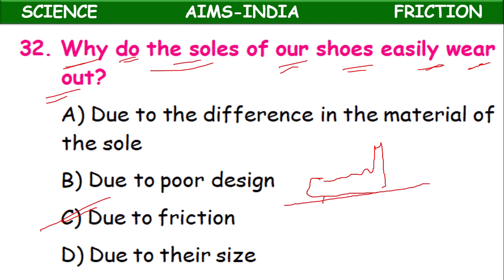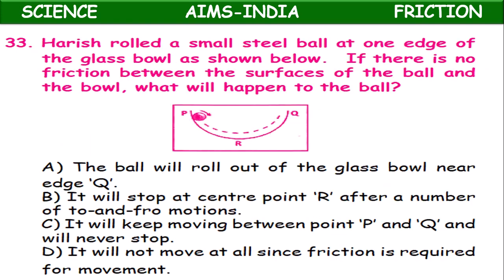Because of that, the spikes on the bottom surface of the shoe will wear out. Even the bottom part of the shoe also wears out. If we continue to use the same shoes, we will lose the grip. We cannot walk or run properly on the ground with them. So this is the disadvantage of friction. So the answer is due to friction.